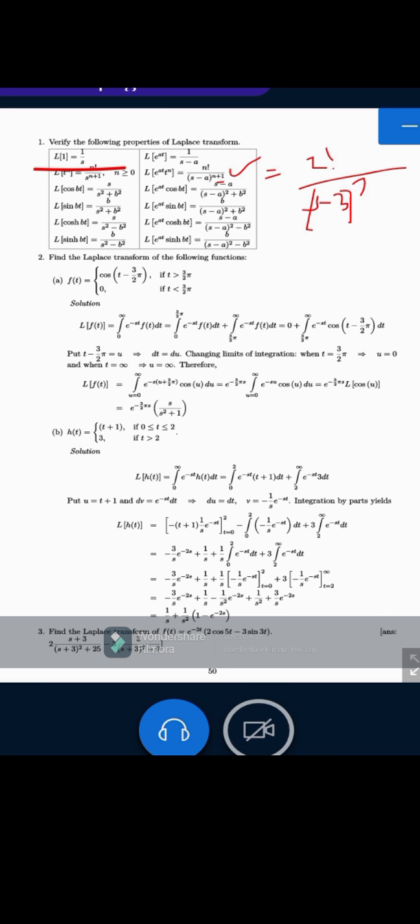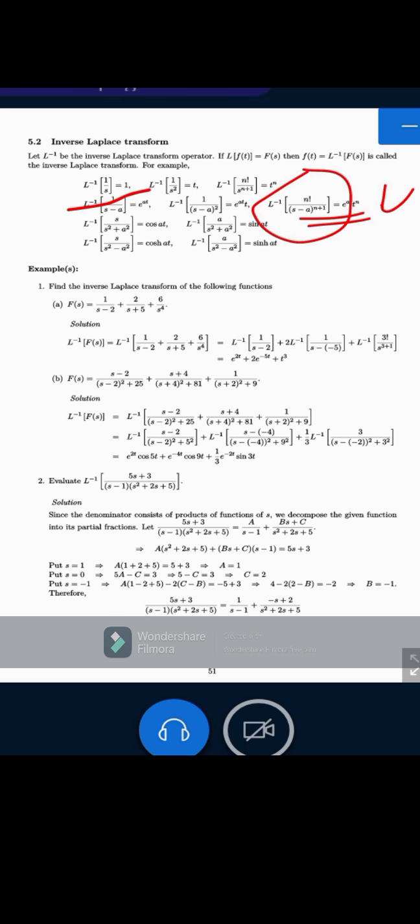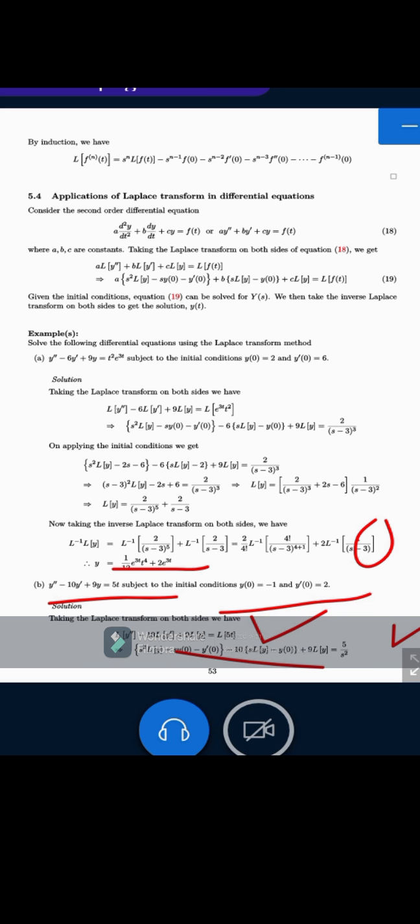If you replace n by 1 in this second statement here, then you are finding the Laplace transform of t, which will be equal to 1 factorial over s to the power n plus 1, which is 1 plus 1. So it is 1 factorial over s squared, which is 1 over s squared. Coming back here, it is clear that this part will be 5 over s squared.